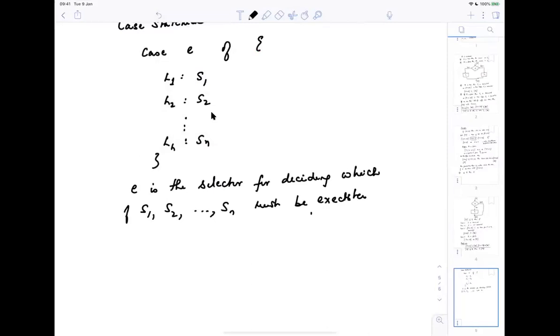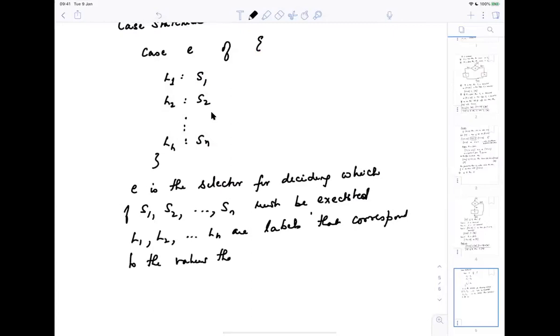And L1, L2, Ln are labels that correspond to the values that E can take.